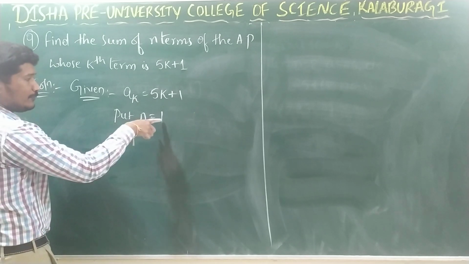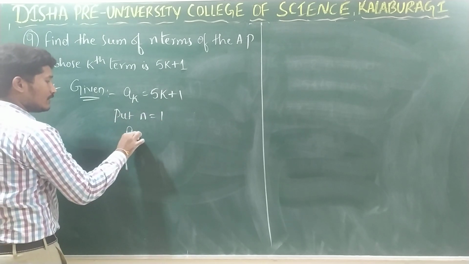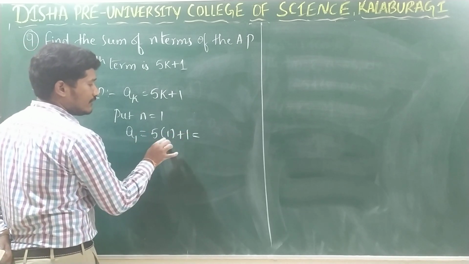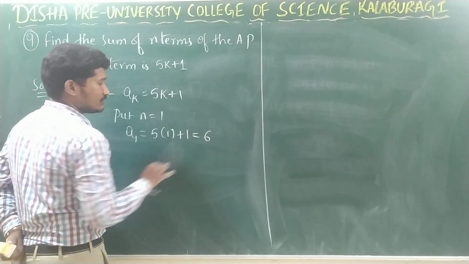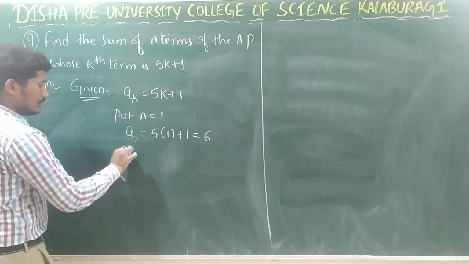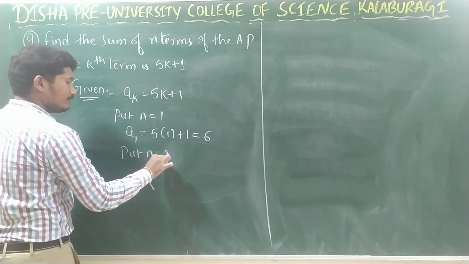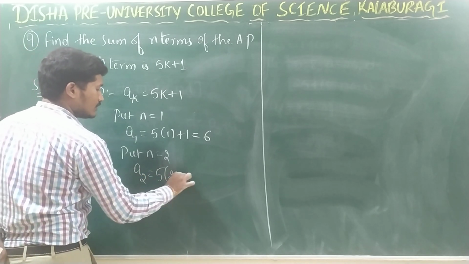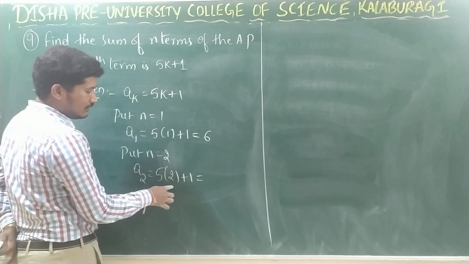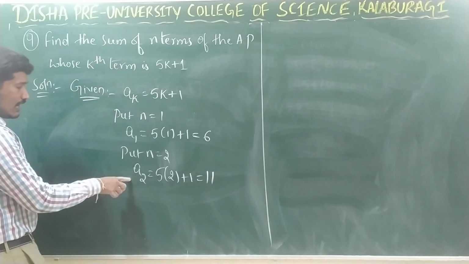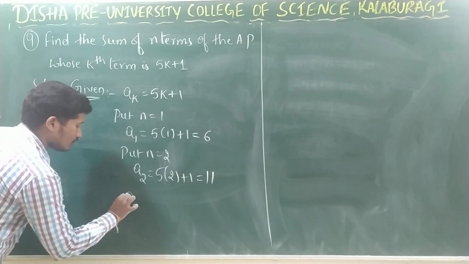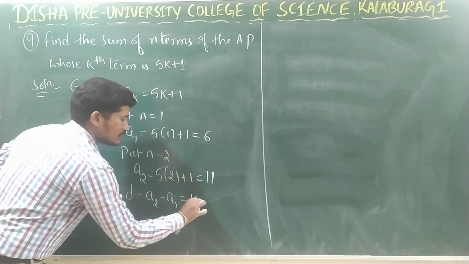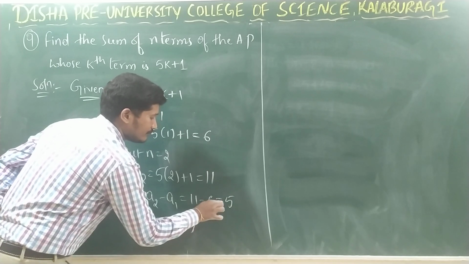When I put k is equal to 1, I get a1 is equal to 5 into 1 plus 1, 5 into 1 is 5, 5 plus 1 is 6. Next, put k is equal to 2. So a2 is equal to 5 into 2 plus 1, 5 into 2 is 10, 10 plus 1 is 11. So I have the first and second term. So the common difference d will be a2 minus a1, so this is 11 minus 6 equal to 5.